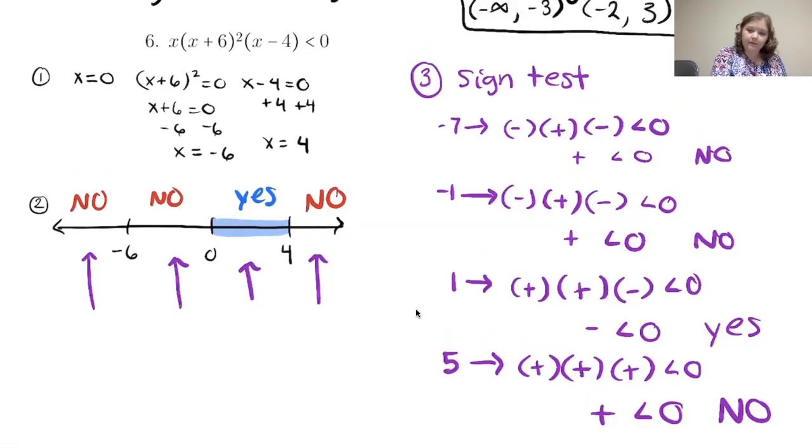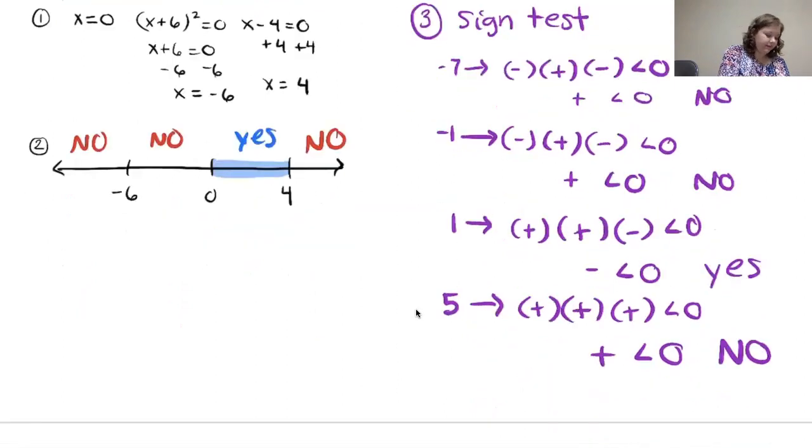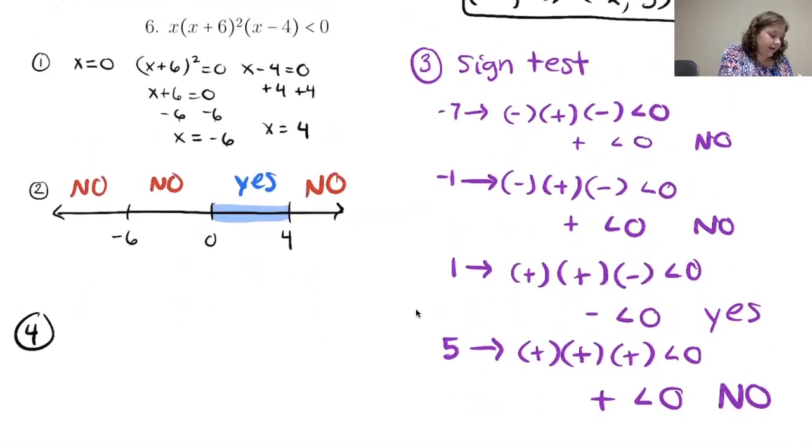So now that we have gotten step 3 over with, we can go on to step 4 and put it into interval notation for the final answer. Since it is a strict inequality, we've got parentheses instead of brackets.